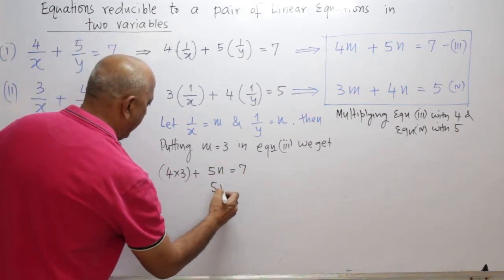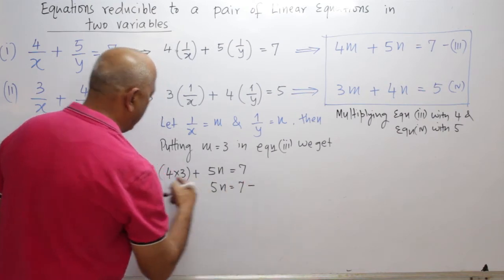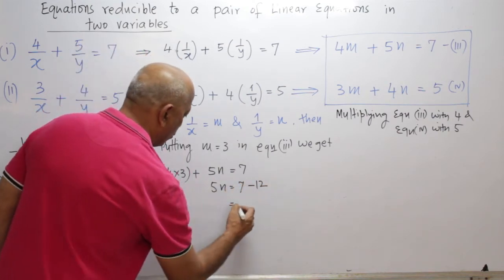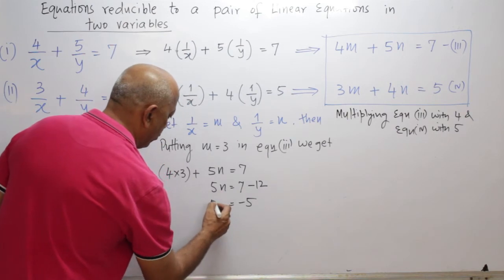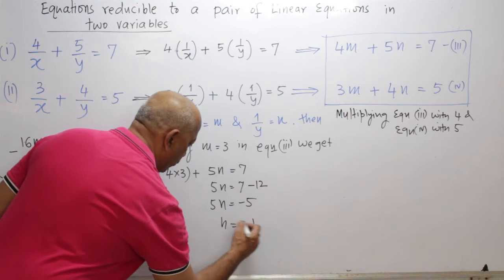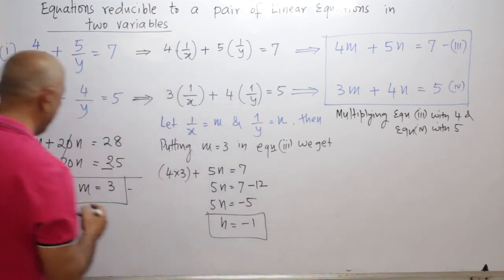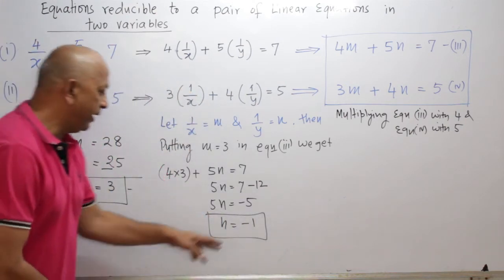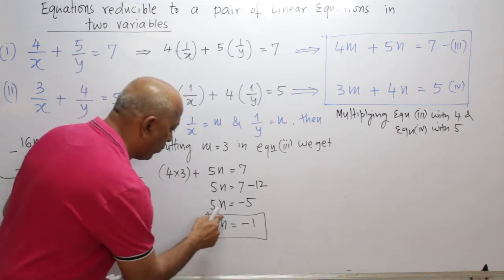So 5n is equal to 7 minus 12, that is equal to minus 5. 5n is equal to minus 5, so n is equal to minus 1. So we got the value of m is equal to 3 and n is equal to minus 1.